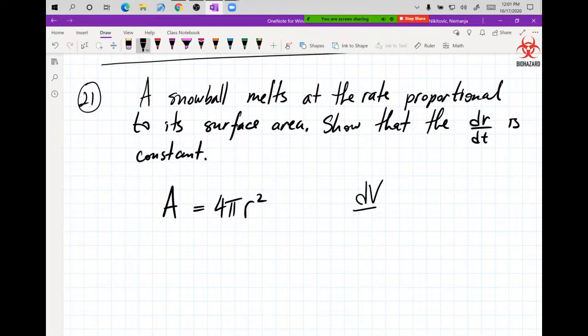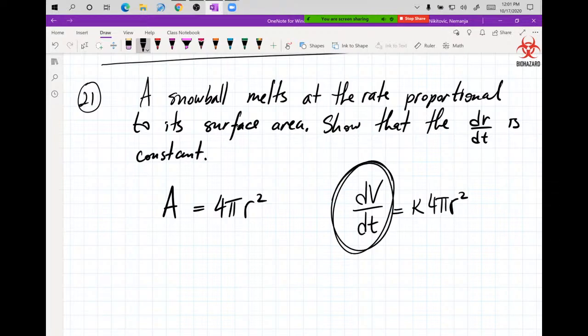So the rate of melting of the snowball is proportional to the surface area.